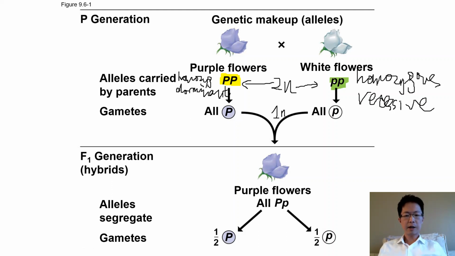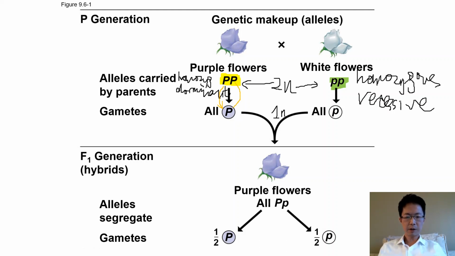The gametes are basically coming from these two alleles. It can be big P, or it can also be big P. So this is the gamete it can form.